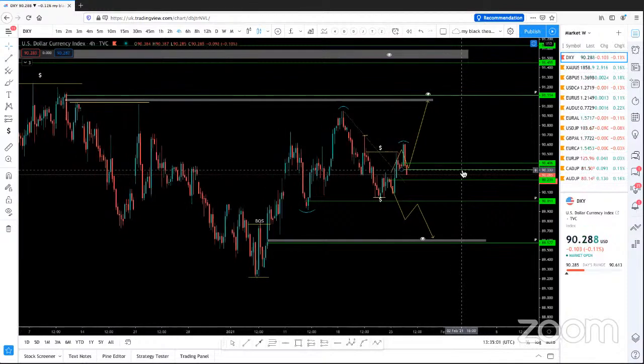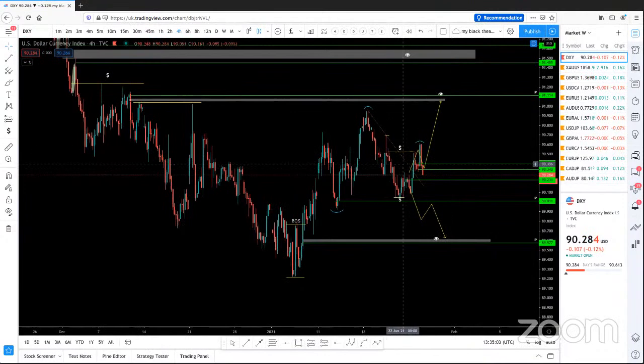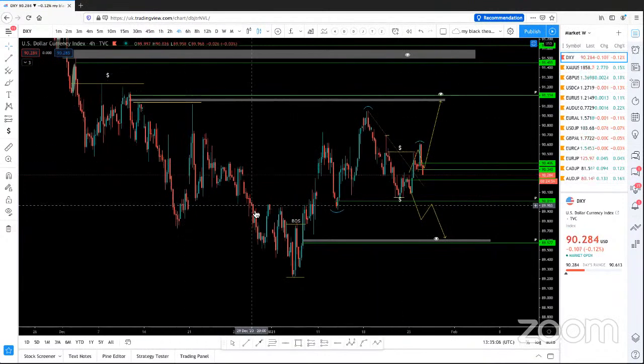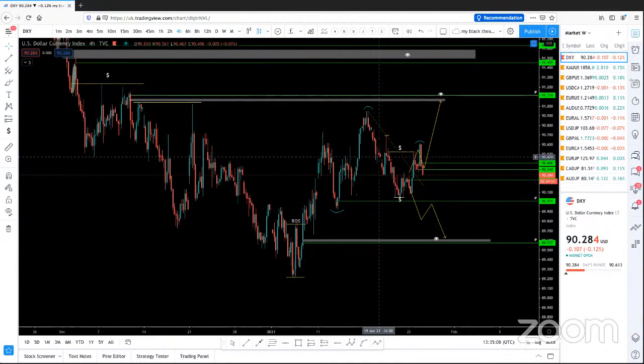So let's move on. What's happening here? Dollar index, guys, you could see that it's been bearish, and recently we have seen a little bullish momentum.